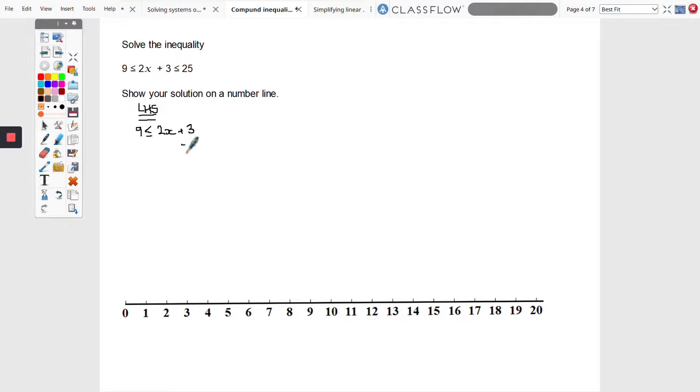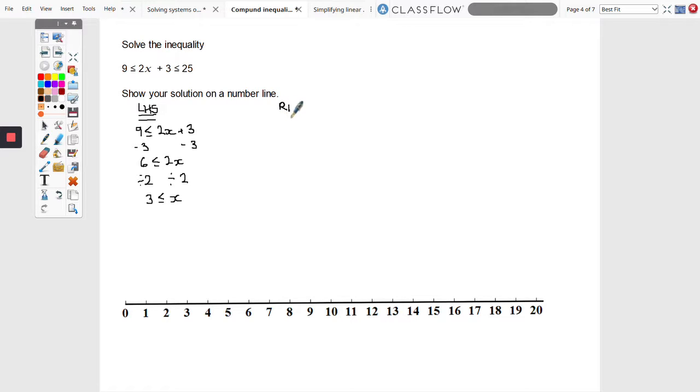So I'm going to subtract 3 from both sides, and that will give me 6 is less than or equal to 2x. And then I'm going to divide both sides by 2, and that will give me 3 is less than or equal to x.